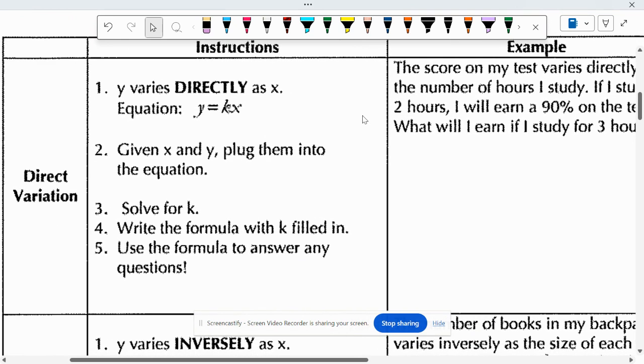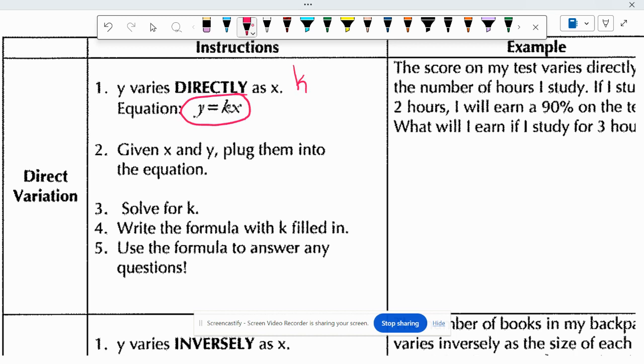Okay. Direct variation, we use this equation, y equals k times x. K just stands for the constant of variation. That's all K is. Much like slope.